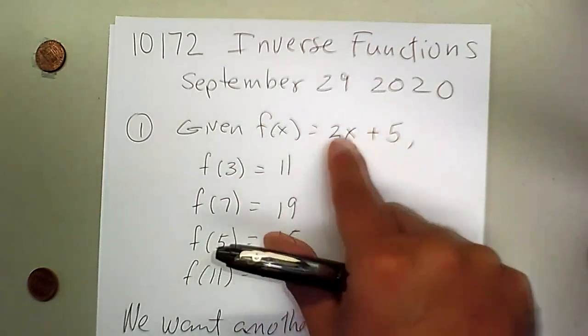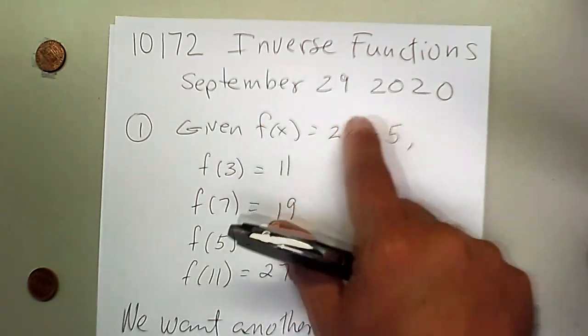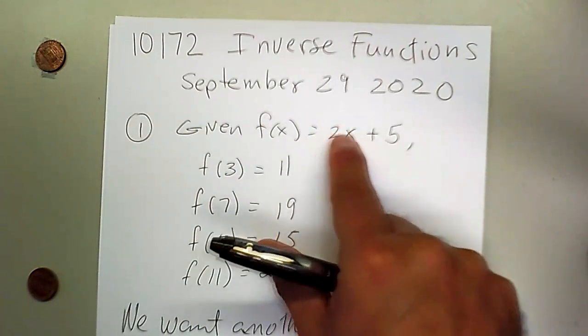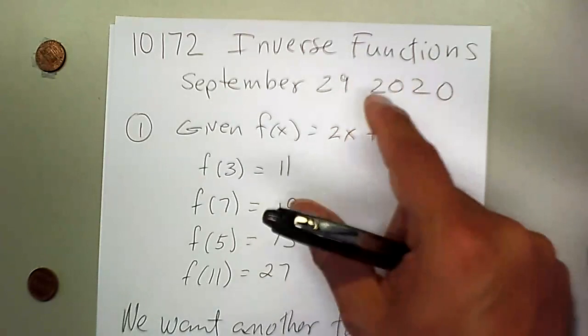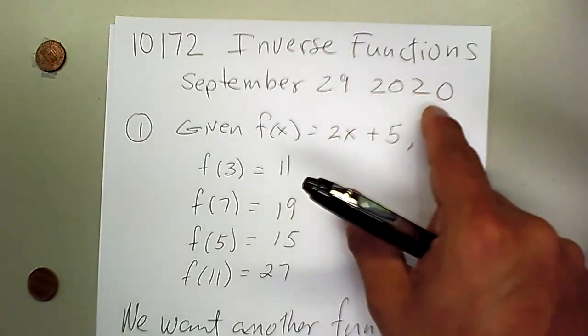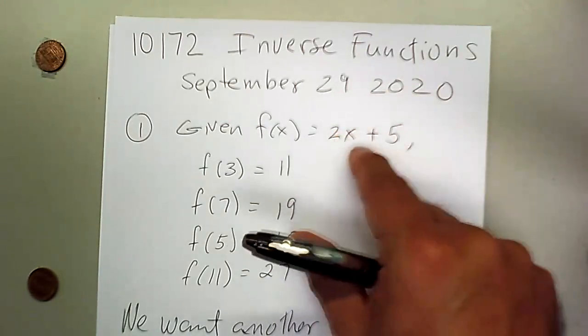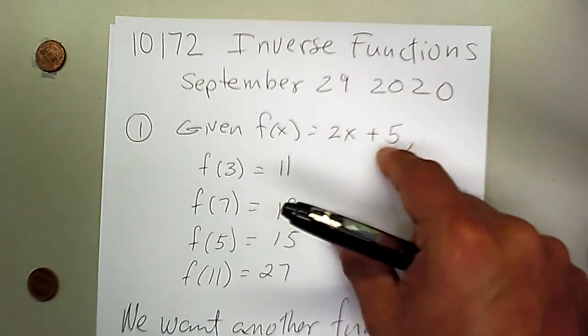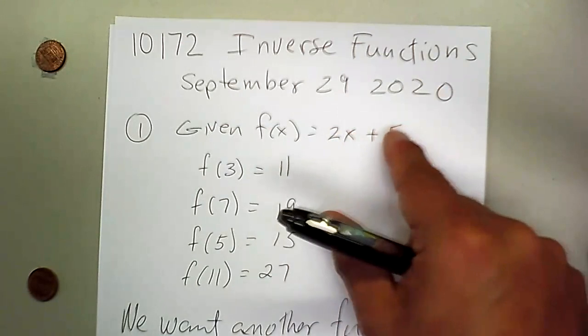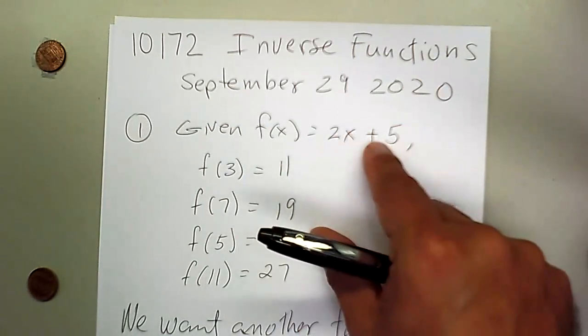But there's an order of operations going on here. We multiply by 2, and then we add 5. And when we want to undo that, we have to do them in the reverse order. It is like putting on your socks and then your shoes. You don't take off your socks first, even though they are the first ones you put on.